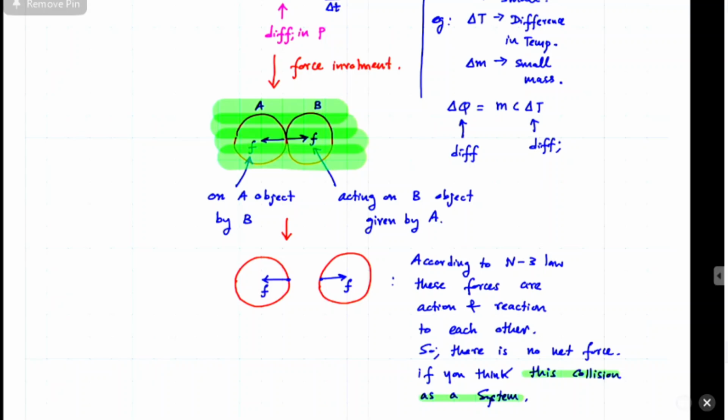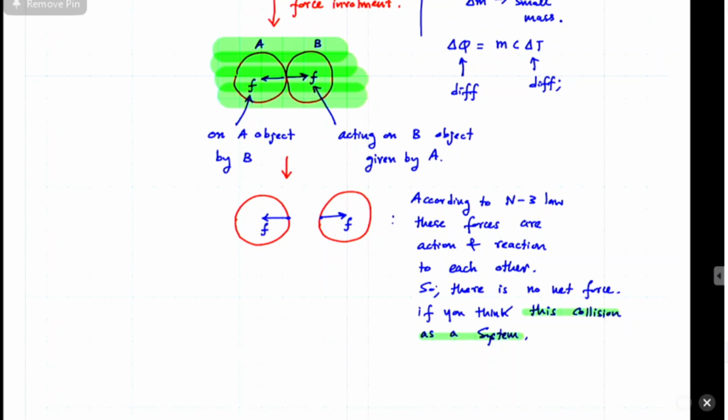If you think about that particular instant, for that moment action and reaction are cancelling each other, and after that they are passing, right? So there is no net force if you think about that instant. If you consider this collision as a system instantaneously, this is what happens. It's all conceptual, you can see. Any question?